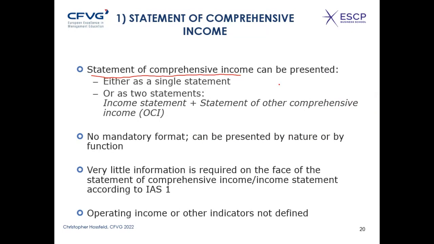That means we have in IFRS the traditional income statement where we have revenues and expenses, but we also have something else. We have what is called OCI, other comprehensive income. So the total profit in IFRS is composed of traditional profit out of the income statement, but then we add or we subtract other comprehensive income, which can be positive or negative.